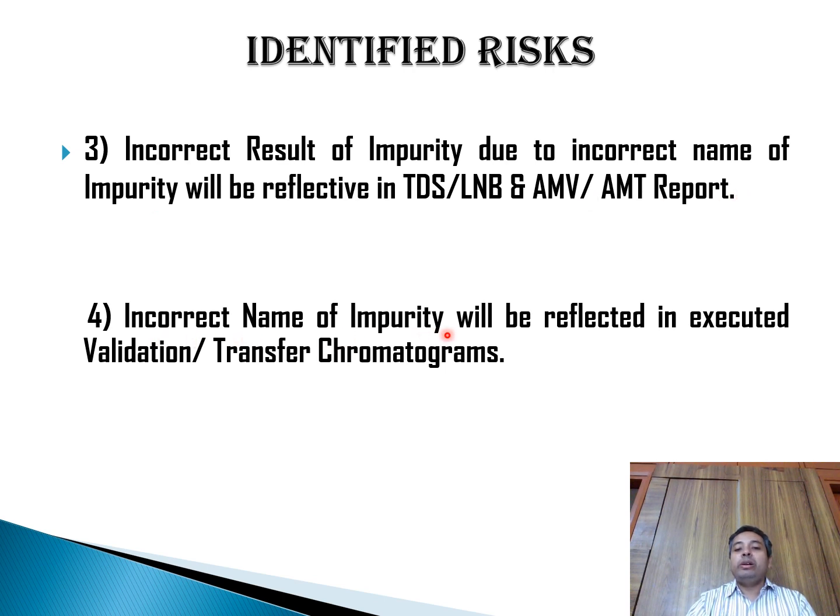Incorrect name of impurity shall be reflected in the executed validation or transfer chromatogram. Okay, these are all the identified risk factors for such a situation where the naming of impurity is given in an incorrect way in the executed analytical method validation and analytical method transfer activities.